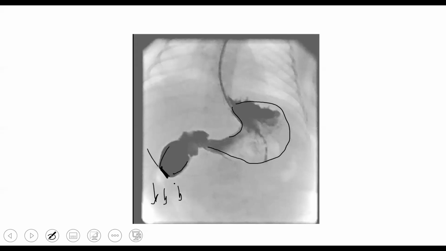That means the Ladd's band obstructs the distal duodenum here. The food does not go farther down. Because the baby presented late, with a partial obstruction that got worse and worse, until now it's a complete obstruction.